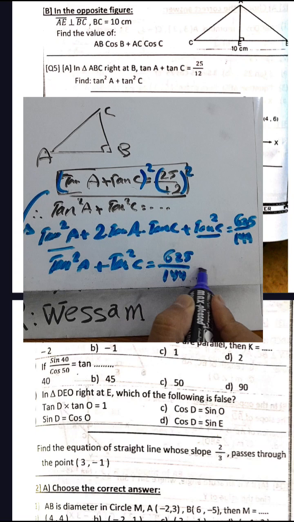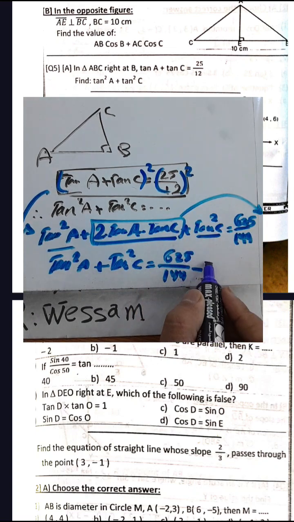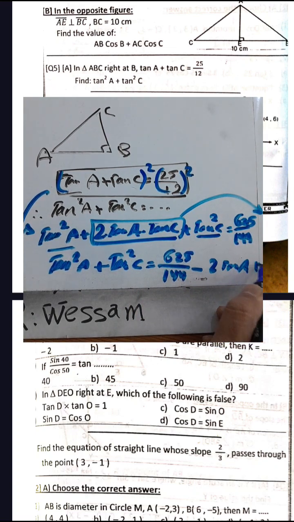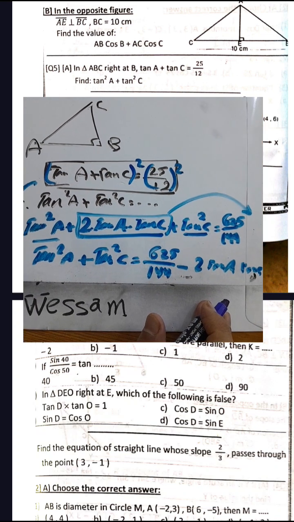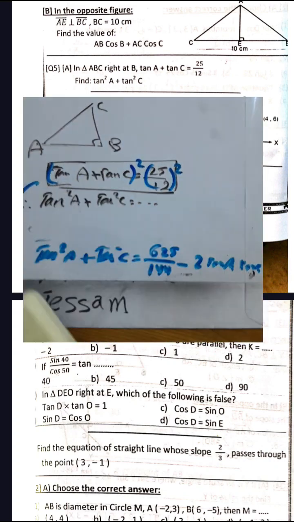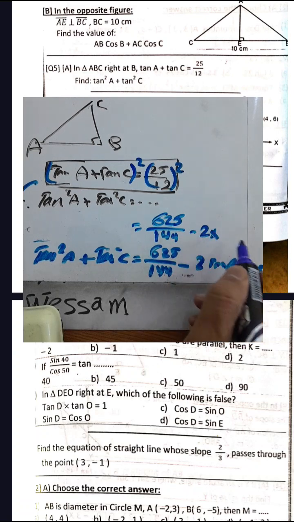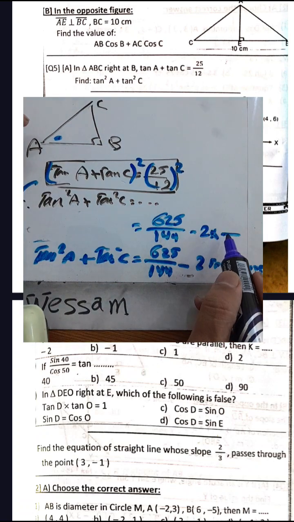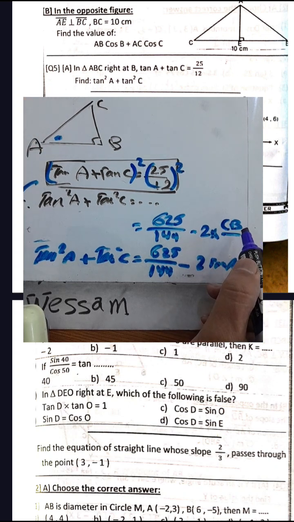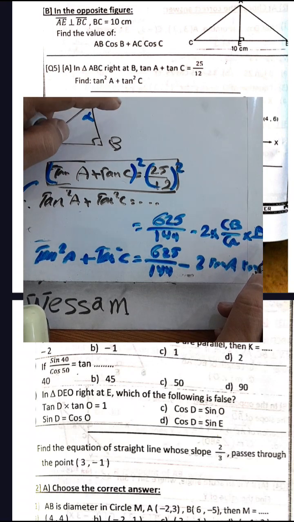We can write 625 over 144, subtract the product between tan A and tan C, moving it to the left hand side. To simplify this, write 625 over 144 subtract 2 times the product tan A, which is BC over AB, and tan C, which is opposite over adjacent, AB over BC.